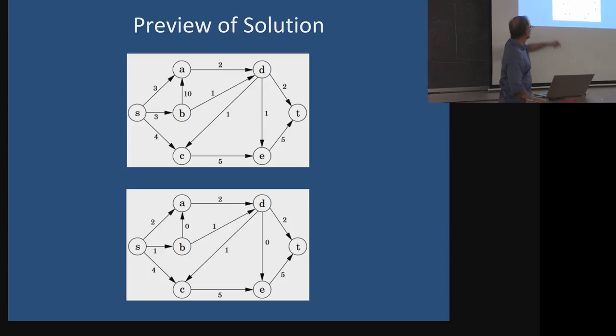You can see 7 units are leaving, 7 units are entering. And at every point, for example, we're putting 5 into C, and then 5 is out. We have that property preserved throughout all the pumping stations in the middle.